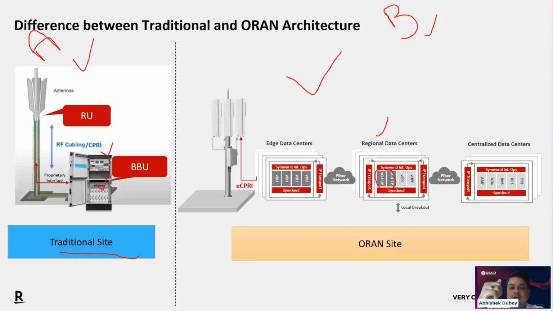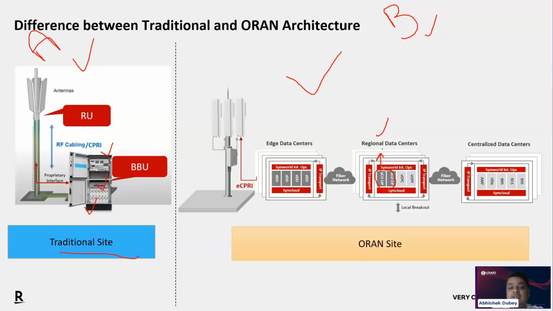So you can connect multiple sites with one CU server. Here it is one server unit, one site, but in ORAN and split architecture, one server with multiple sites. So this is due to the virtualization.